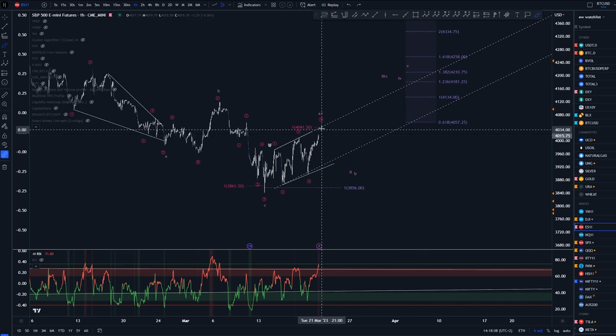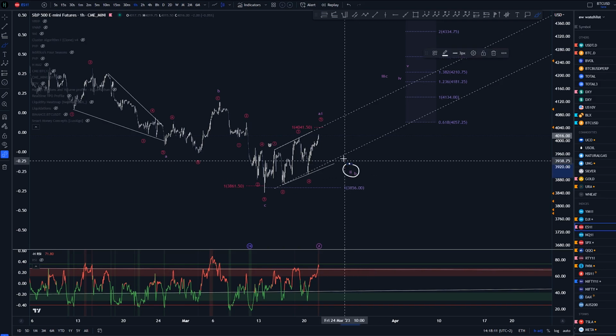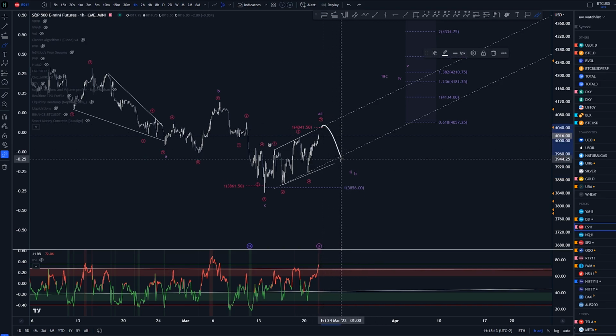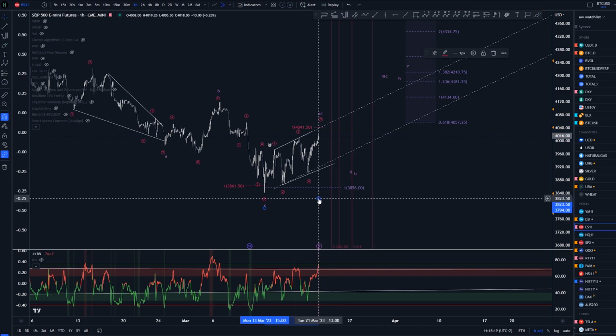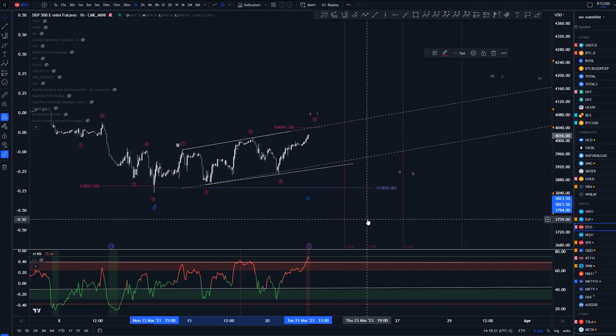If you're not in there, you would be expecting and waiting for this wave 2 or wave B here to be taking place. Now, generally, we want to be seeing the 38.2 in time, and that would be around 23rd of March.